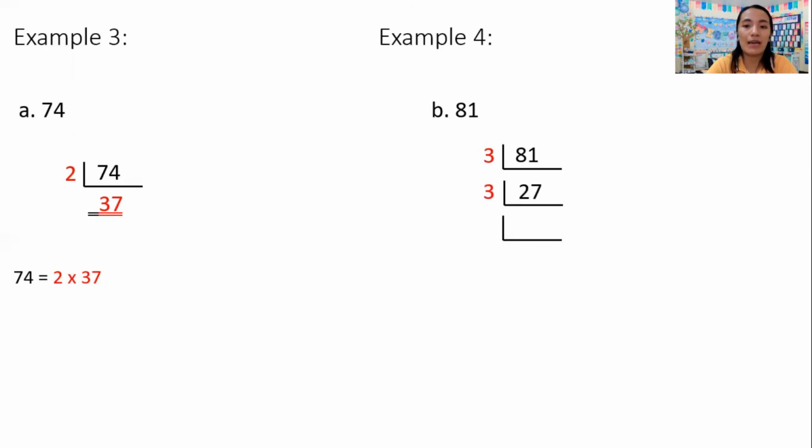Then let's divide it again by 3, and the answer is 9. 9 divided by 3 is 3. So the quotient 3 is a prime number, and we will write the answer as 81 equals 3 times 3 times 3 times 3, or 3 to the power of 4.